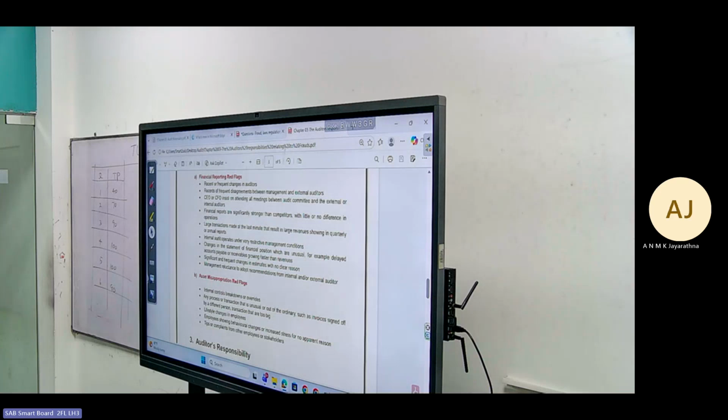Let's say you are an investor: if the company's performance is good and it pays high dividend, then you will invest. If you invest there, automatically demand will go up. If demand goes up, price also will go up.